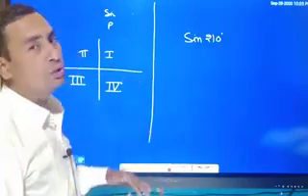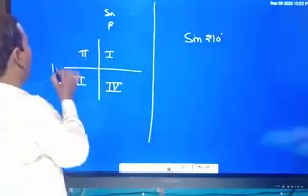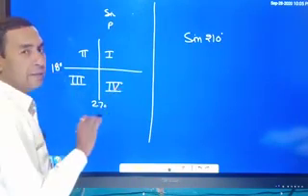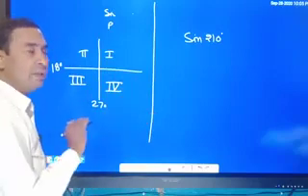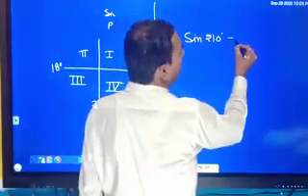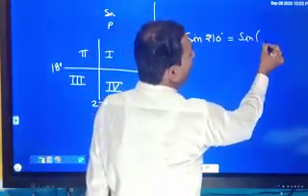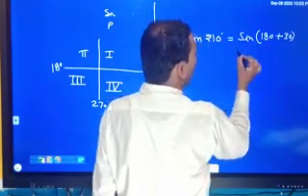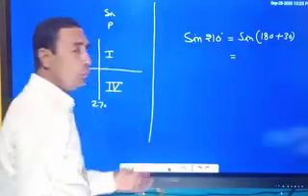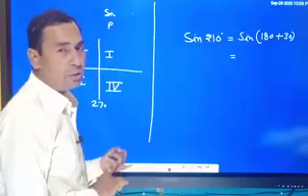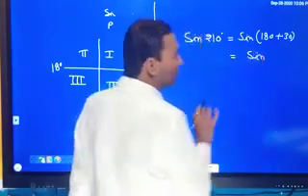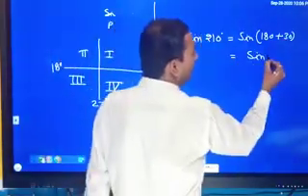First we see in which quadrant we are. 210 is in the third quadrant, more than 180 and less than 270, so we can write it as 180 plus 30. Then sin 180 plus theta: 180 comes here, so the trigonometric ratio does not change, sin 30.